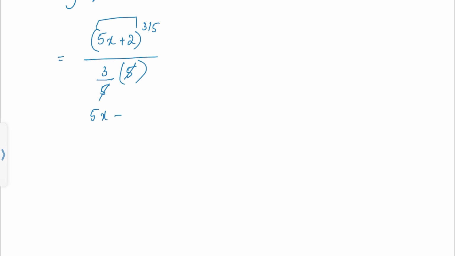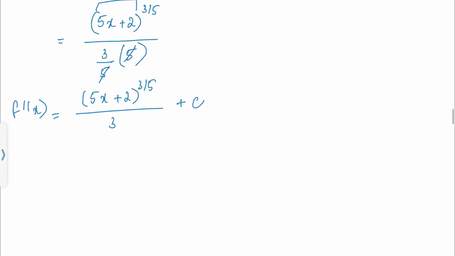That would give us 3 over 5. We will move this power to the denominator, and we will be multiplying by the derivative of this here. So we will get our final answer as 5x plus 2 to the power 3 upon 5 over 3 plus c.